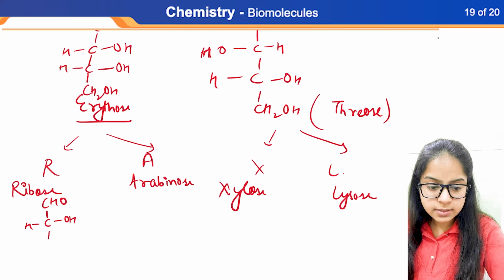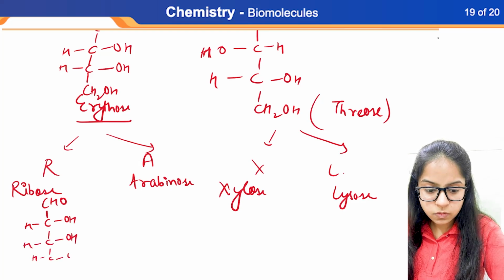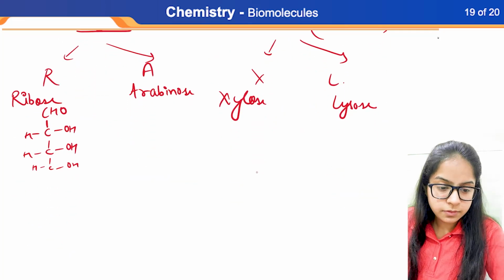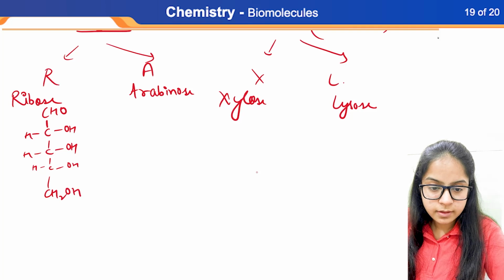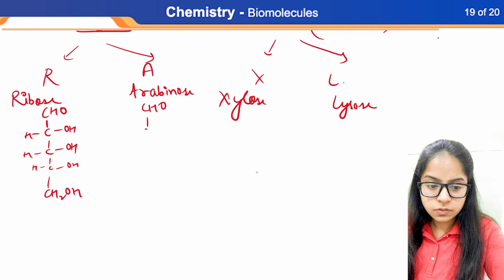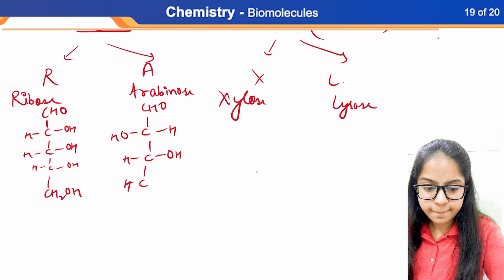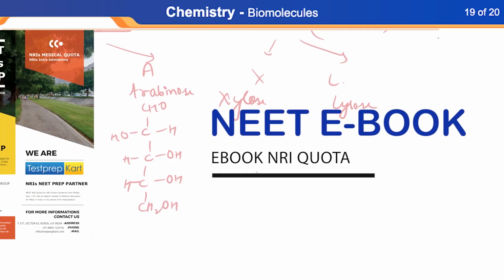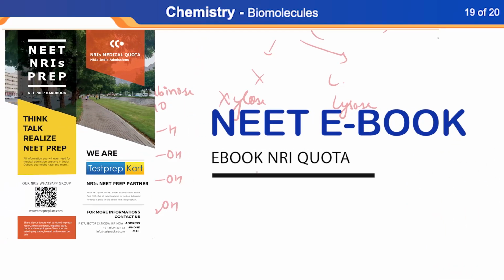H, OH, CHOH, CHOH, CH2OH. Here CHO, CHOH, H, OH, CH2OH, because H here is on the right side.